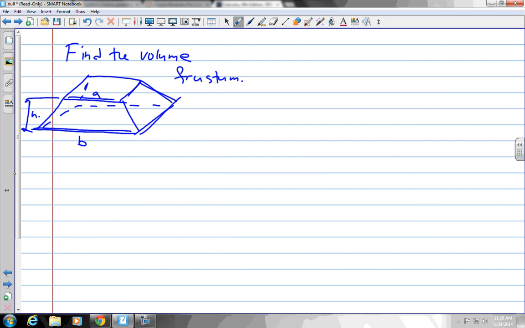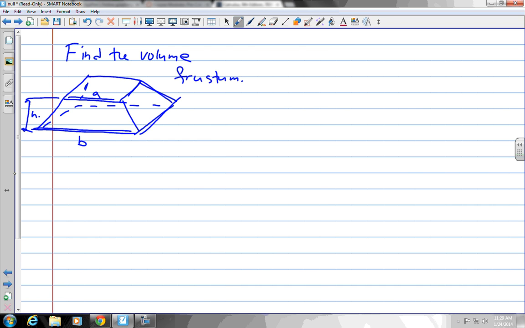I'm always going to get a square, right? No matter where I slice, I'm going to get some kind of a square, the cross section. So there is a way to find volumes of these types of shapes where the cross section stays consistent. Because really all I have to do is to figure out the volume of one of those little cross sections, right? And then just add them up.